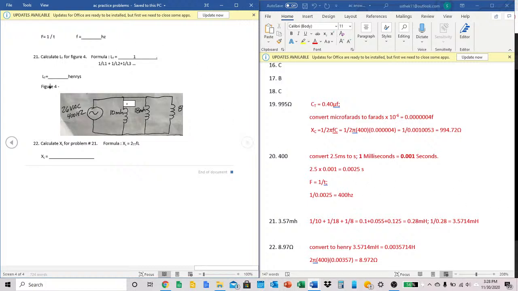The first thing you want to do in this equation is convert 2.5 milliseconds to seconds, because that is what we're going to plug into this equation. 1 millisecond equals 0.001 seconds, so we multiply 2.5 times that, and that gives us 0.0025 seconds. That is 2.5 milliseconds converted into seconds. Then we plug that into our frequency equation: 1 over 0.0025 equals 400 hertz. And that's our frequency.